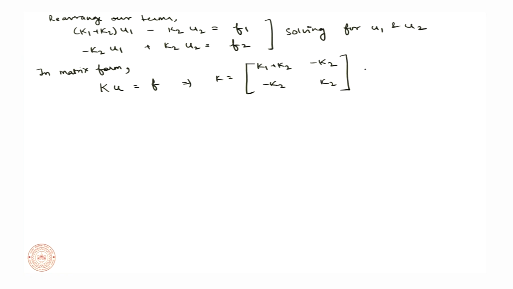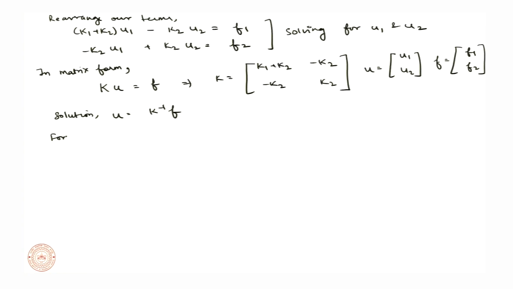Okay. U matrix is U1 and U2, and F matrix is F1 and F2. Okay, so this is our expression. If you want to find the solution, U will be equal to K inverse of F. So if you invert the K matrix, multiply it with the F matrix, you will get the solutions for U.